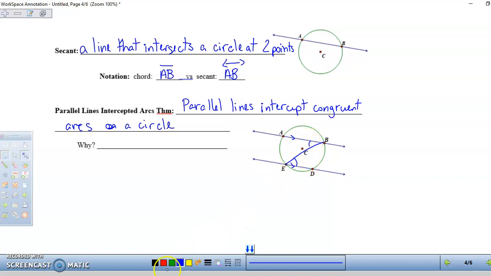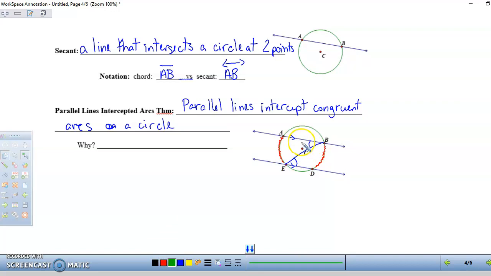Well, we also know from our very first theorem that if I have an inscribed angle, it's going to be half the intercepted arc. And then if I have this other inscribed angle that's congruent, it should intercept a congruent arc.